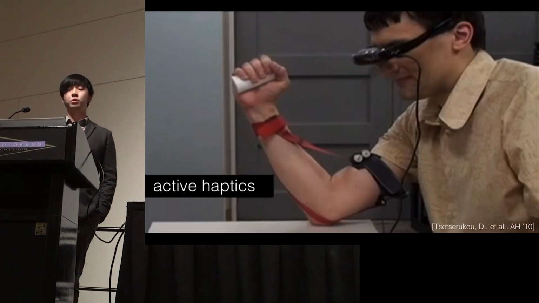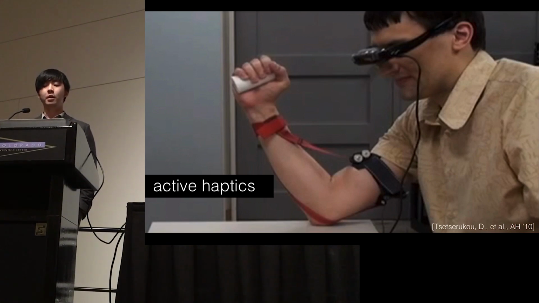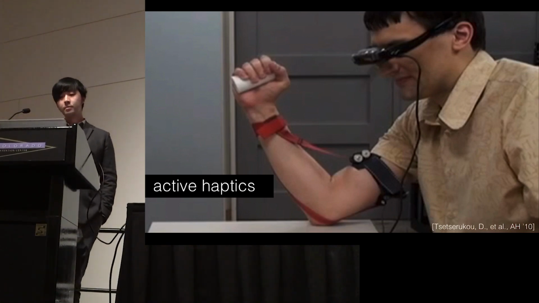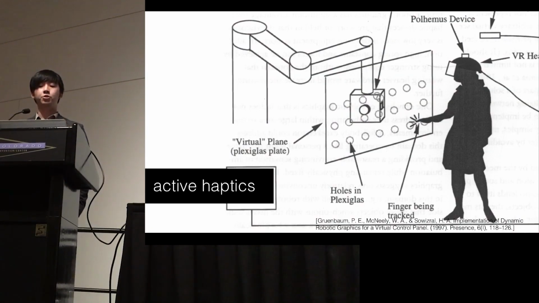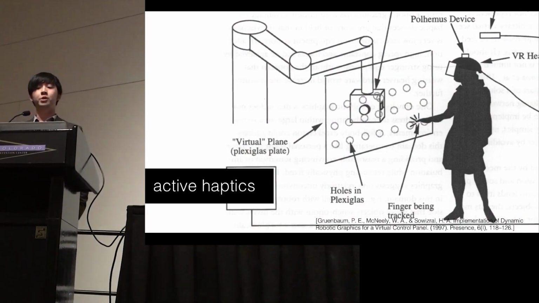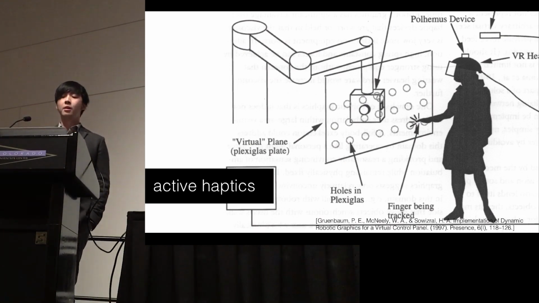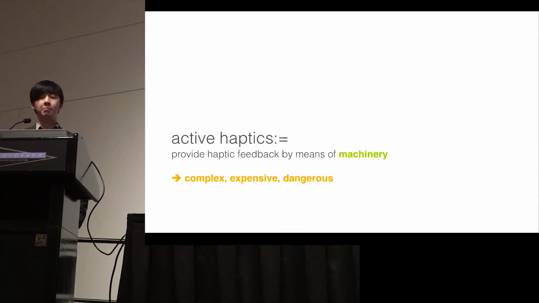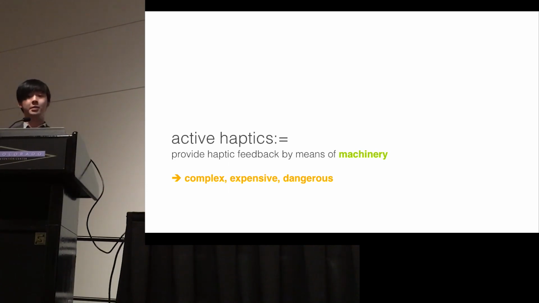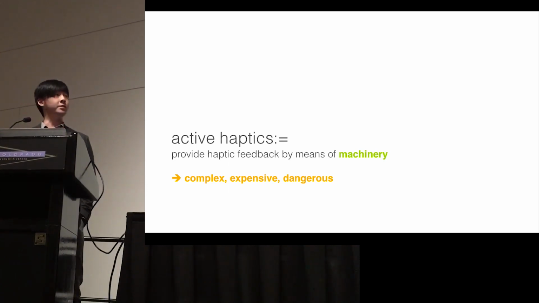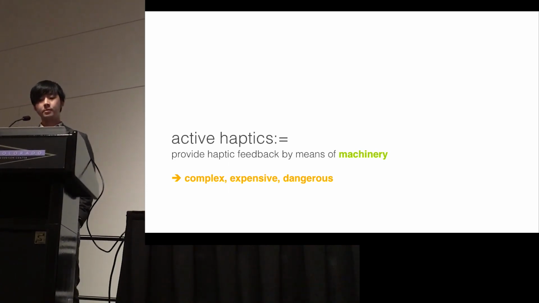One example is to use exoskeletons, machines that provide force directly on the user's body parts. Another example is to use a robotic arm to just change the physical layout where the user is touching. However, because machines are complex, expensive, and sometimes dangerous, most of them still stay in the research lab.